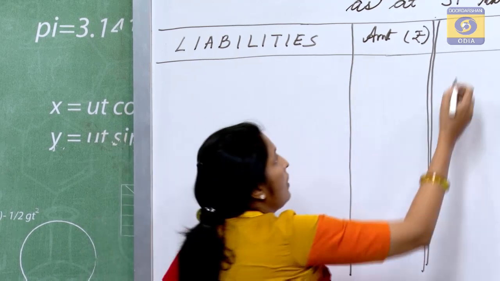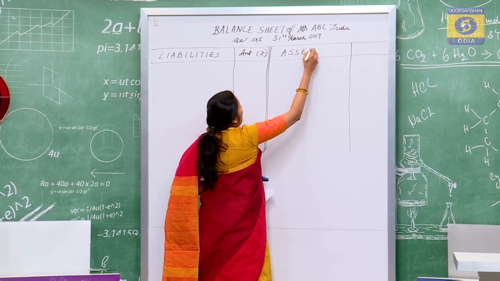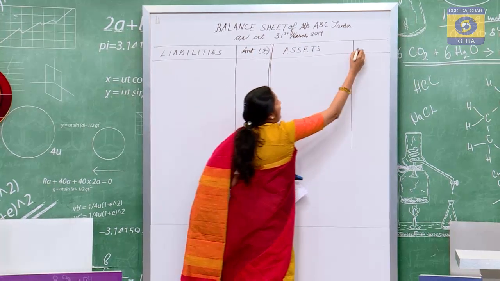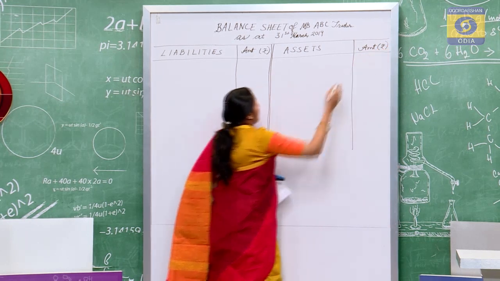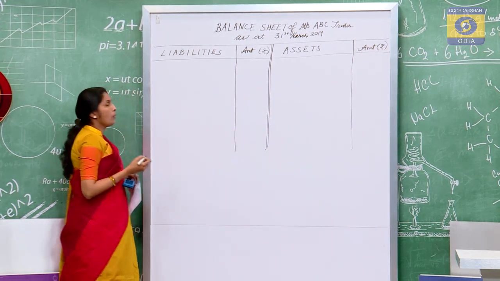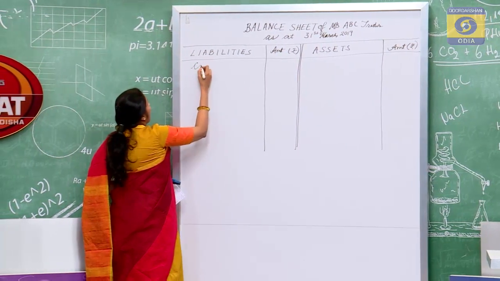Then we'll have assets, again the amount in rupees. So let's go ahead. We'll start with capital, liability side capital.